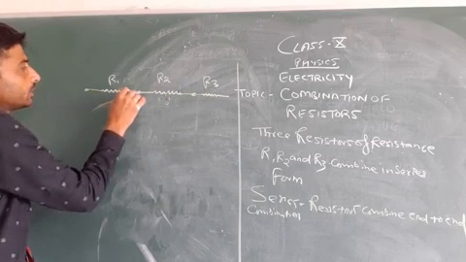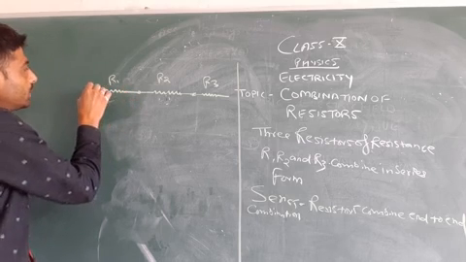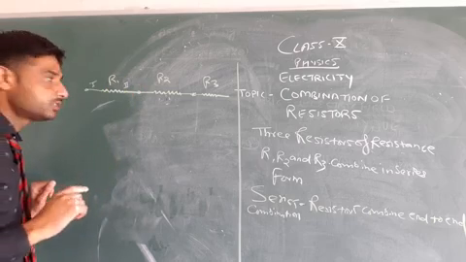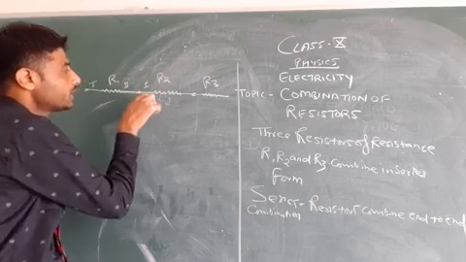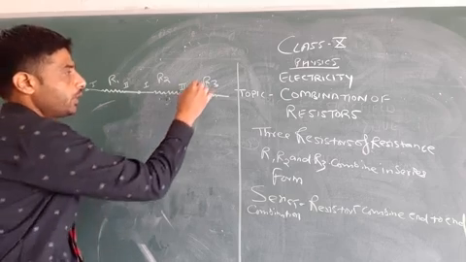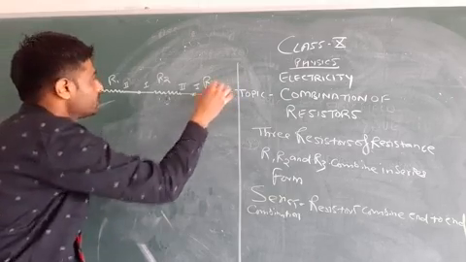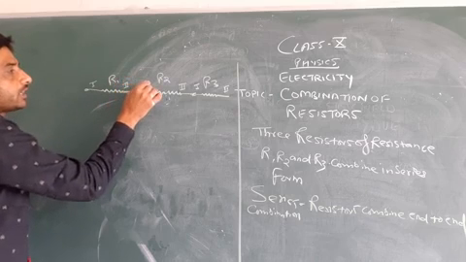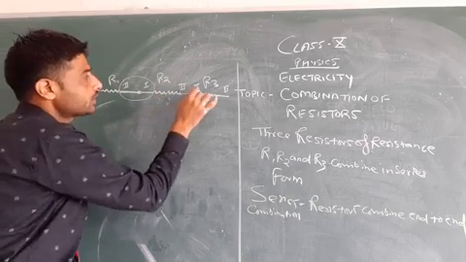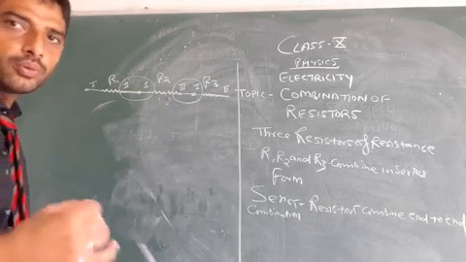This is the first end of the first resistor, this is the second end of the first resistor. This is the first end of the second resistor, second end of the second resistor. First end of the third resistor and second end of the third resistor. The second end of the first is connected to the first end of the second, and the second end of the second resistor is connected to the first end of the third resistor. So this is known as series combination.